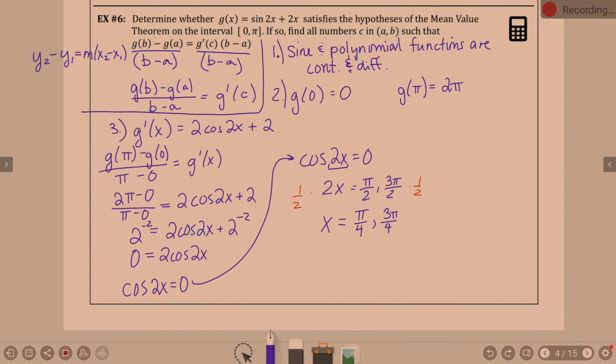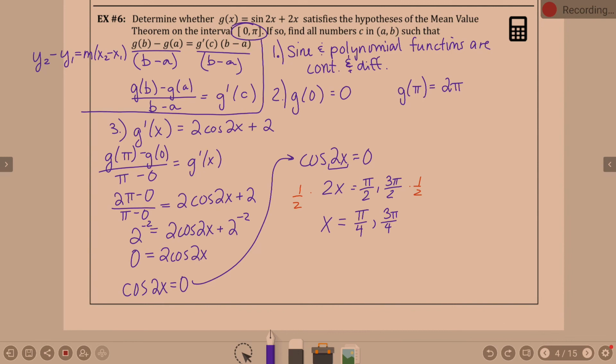We did this in pre-calc. It's been a hot minute, right? But we've done this. Now, what was my interval? 0 to pi. Are those both on this interval? They are, aren't they? Pi over 4 and 3 pi over 4, so 1/4 and 3/4 of pi, are both between 0 and pi. So we're going to want both of these answers. Notice that 3 pi over 2 technically wasn't on our interval, but we use all of our normal answers going around the unit circle before deciding, because we weren't done yet.